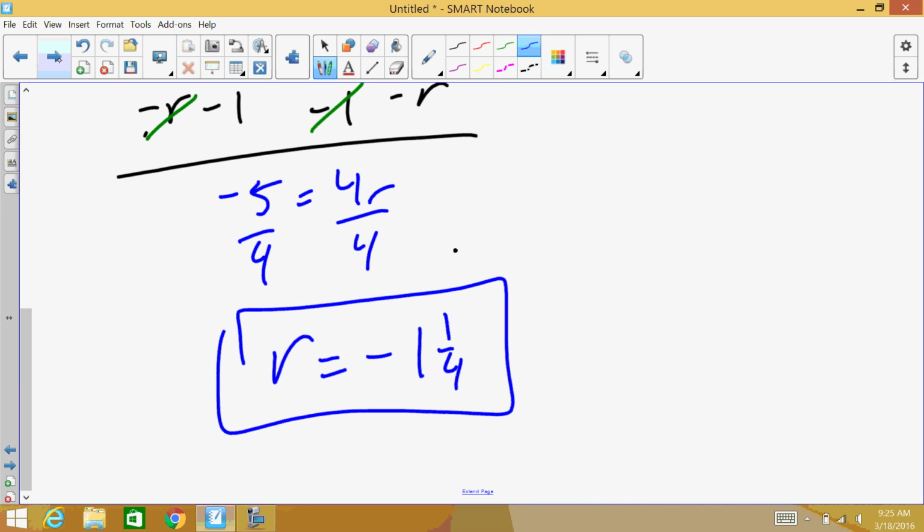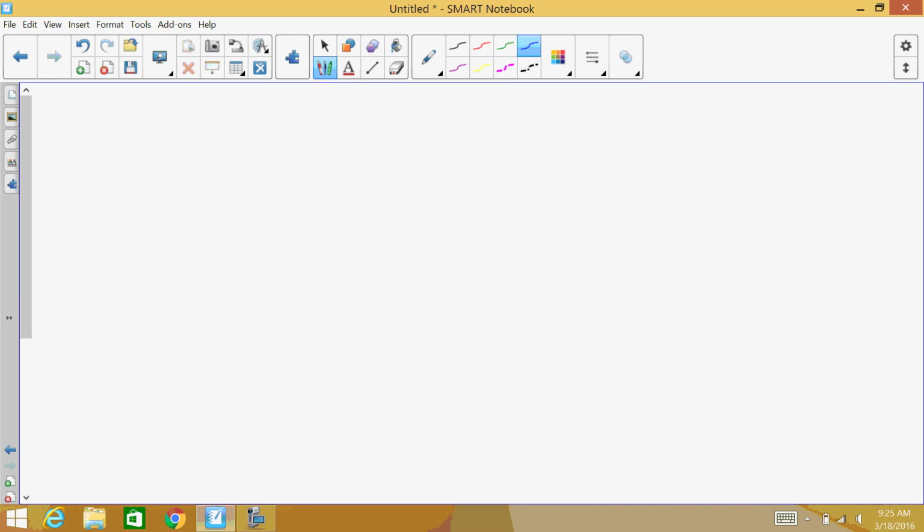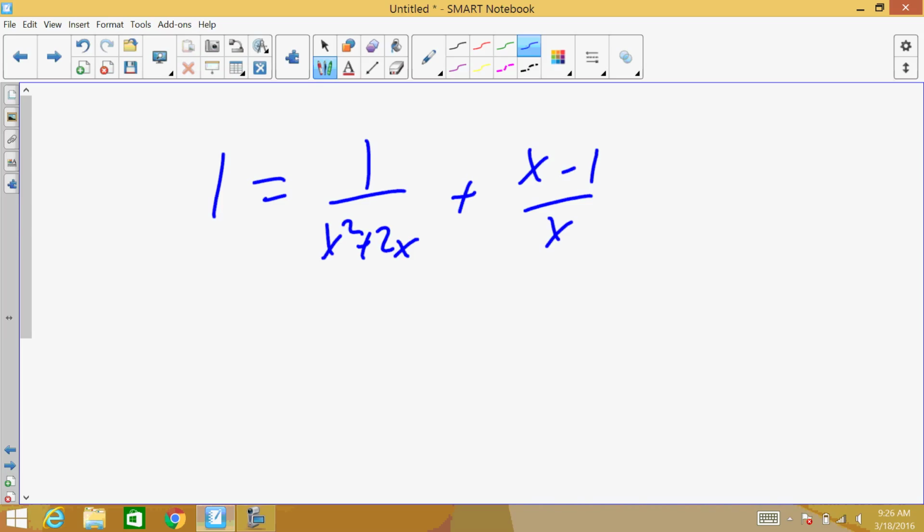This one isn't going to work out quite as quick. And that option will still always work: find that common denominator, multiply both sides by that common denominator. So let's go with 1 equals 1 over (x squared plus 2x) plus (x minus 1) over x. Now, if I'm going to use that method where I multiply both sides of my equation by my common denominator, it's a great method.